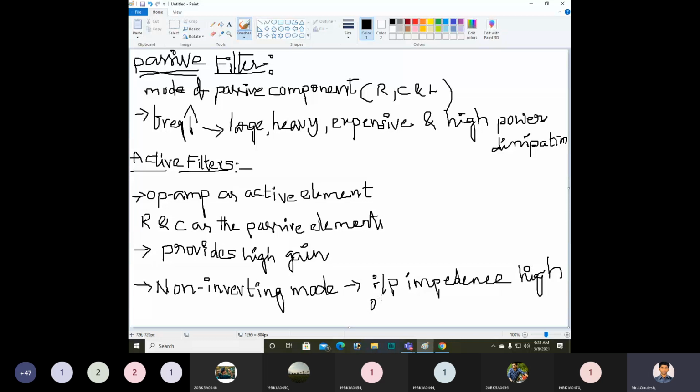What is the output impedance? Output impedance is by default low.